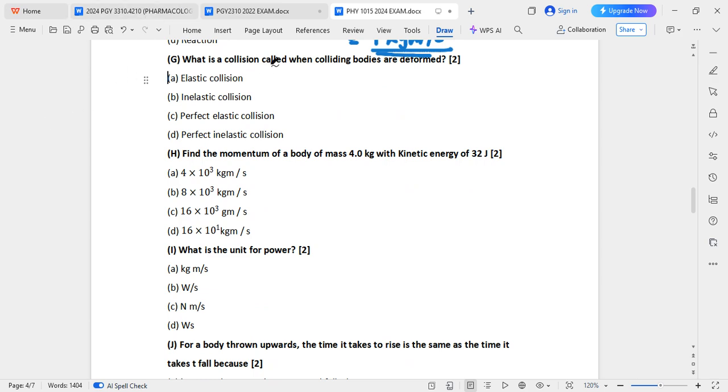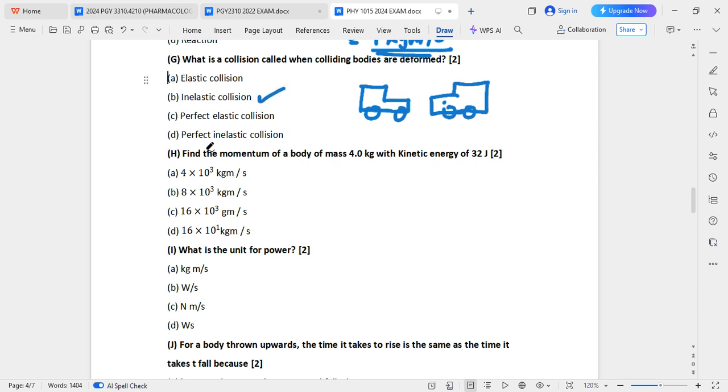What is a collision called when colliding bodies are deformed? Say this is a vehicle that was going in this direction. It hits another vehicle that was moving in the opposite direction and they deform. So a collision that produces deformation is an inelastic collision.